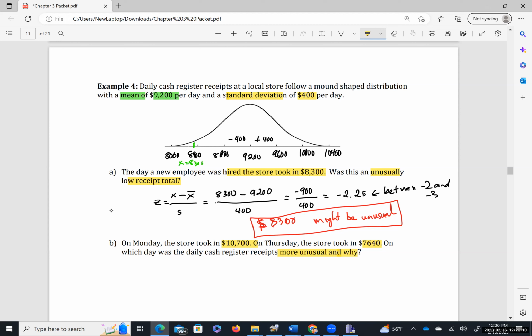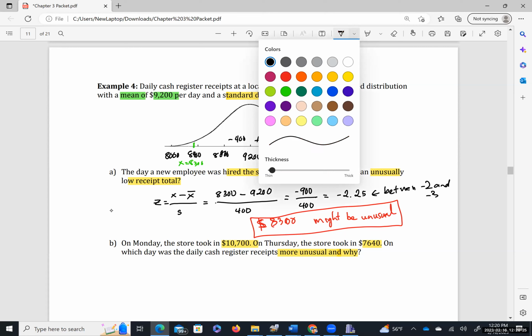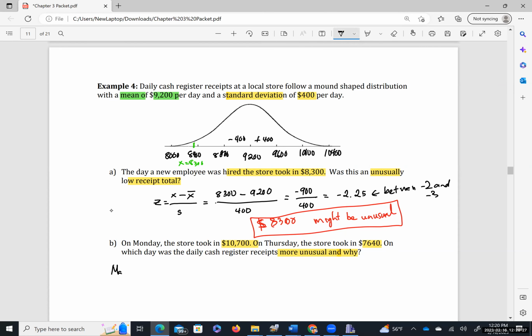So let's say Monday. I'm going to use the z-score for Monday as z_M equal to x Monday minus the mean, divided by s.